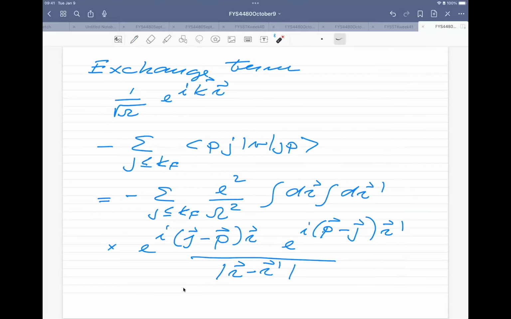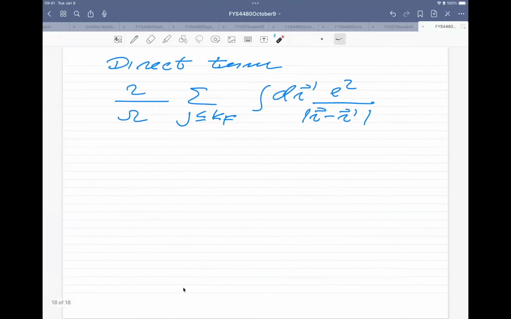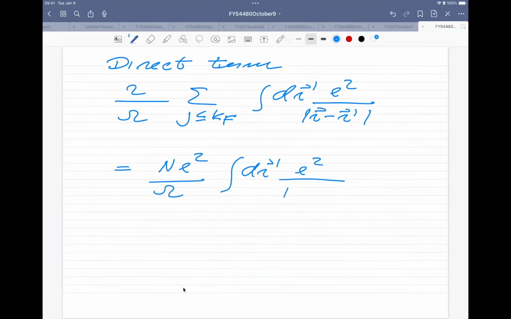So this term is then going to be equal to, and let me just set this up, an n times an e squared divided by omega. And I'm going to have an integral over d r of e divided by r.